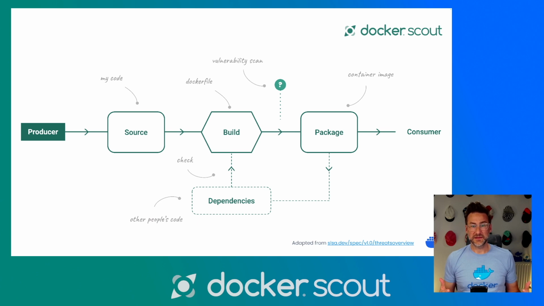Let's take a look at a very simplified view of a supply chain. There's a producer and a consumer relationship, and somewhere in the middle there's source code converted into a final artifact that is then shipped to a consumer.